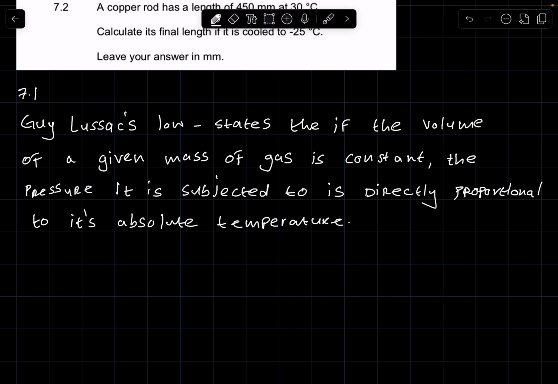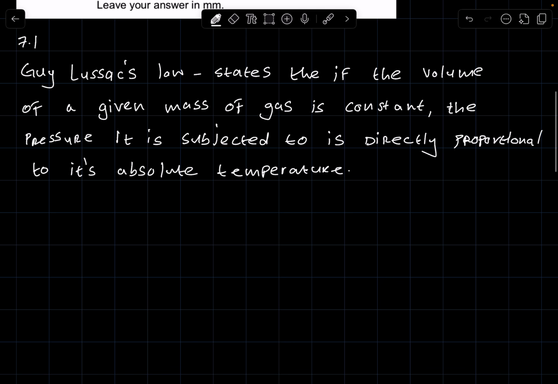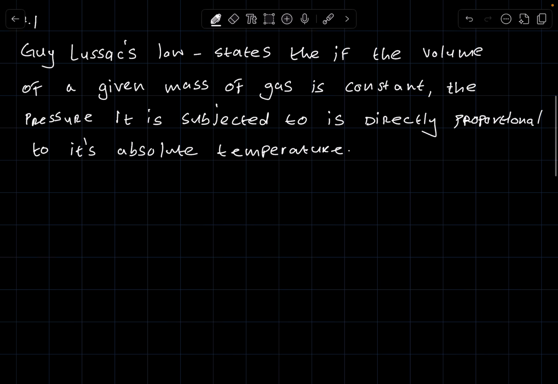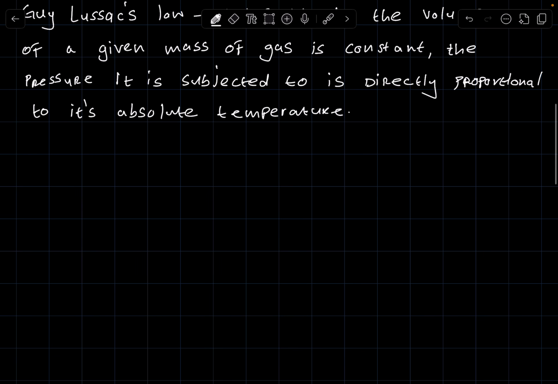You can express this mathematically as P1 over T1 is equal to P2 divided by T2.